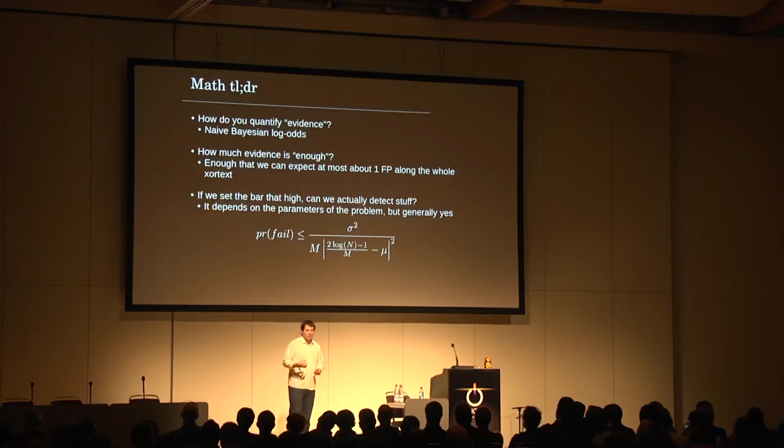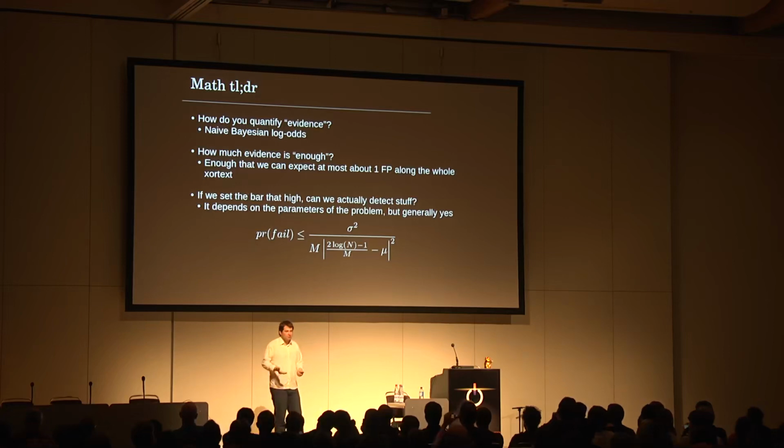And regarding the question of how much evidence is enough, this is an important question. We can set the bar high, we can set the bar low. For the sake of the proof of concept, we set the bar such that one false positive is what we're willing to live with. Of course, you can set it to a lower chance. It depends on the context where you're going to use this thing.